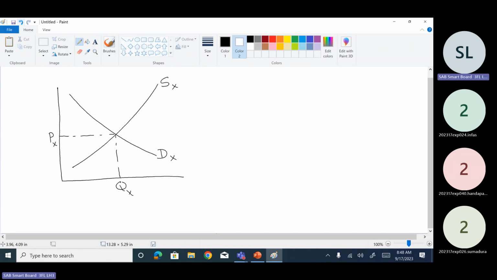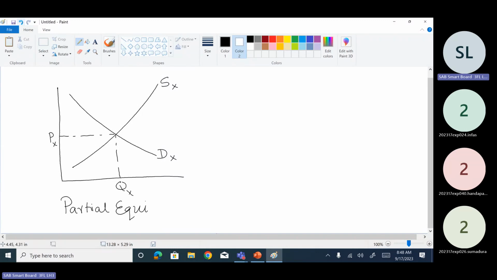So we analyze the economy in one aspect, the particular market. Demand for the product X, supply of the product X. We call that partial equilibrium.